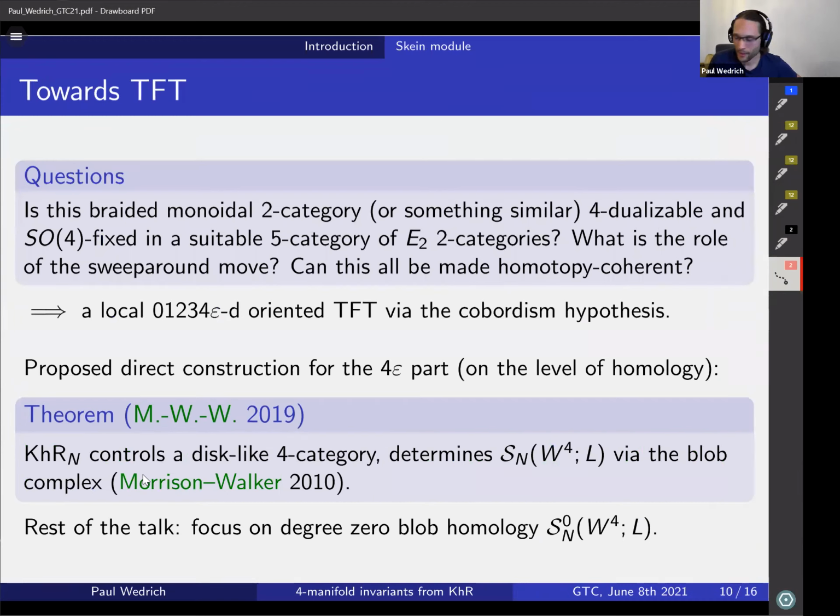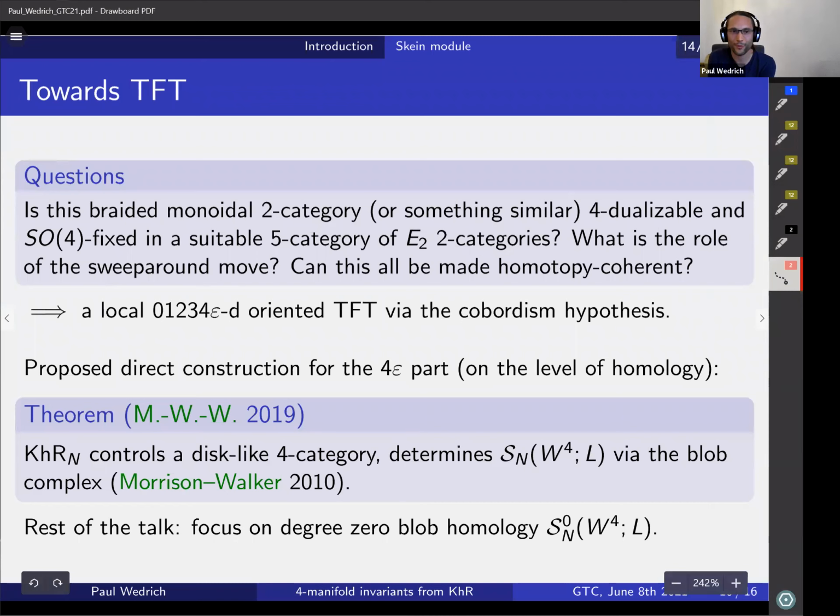So the idea is that this braided monoidal 2-category should be something like a 4-dualizable and SO(4)-fixed object in a suitably defined 5-category of braided monoidal 2-categories, or E2 2-categories. That's the thing that the cobordism hypothesis would predict as the local data required to build a partially defined 4-dimensional or 5-dimensional TFT, like I had it on the first slide, roughly. Okay, so that's the idea.